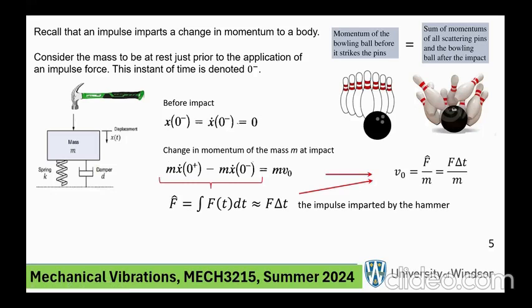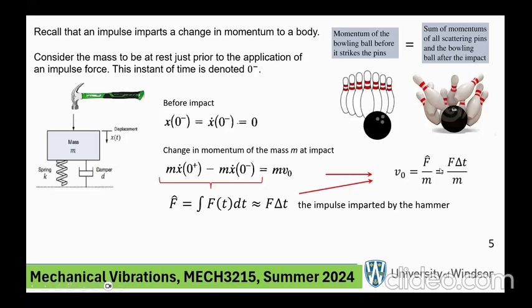So what is the conclusion? The velocity of the block immediately after the hammer hits it is equal to F delta T over M, right here. So if you told me approximately what was the time of contact between the hammer and the block, the hammer does not stay on the block, it just hits it and goes away, okay?